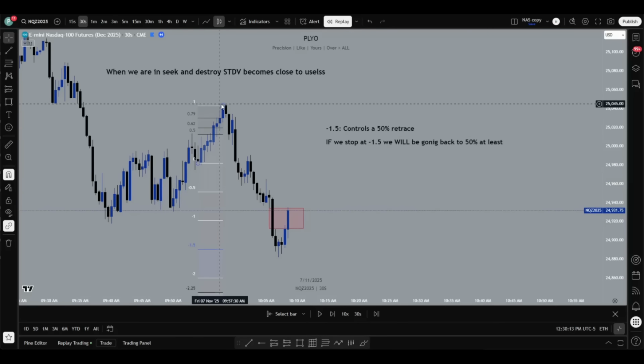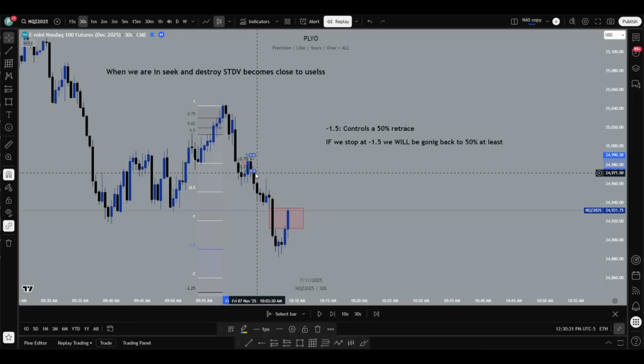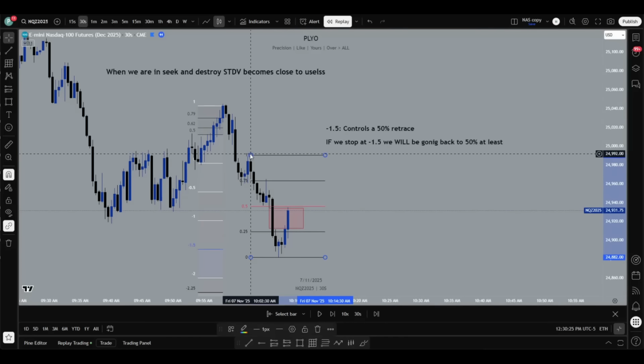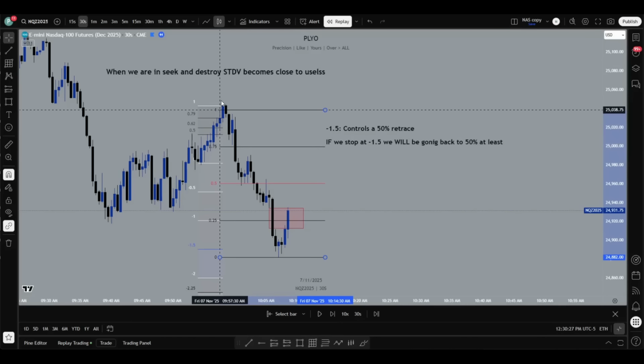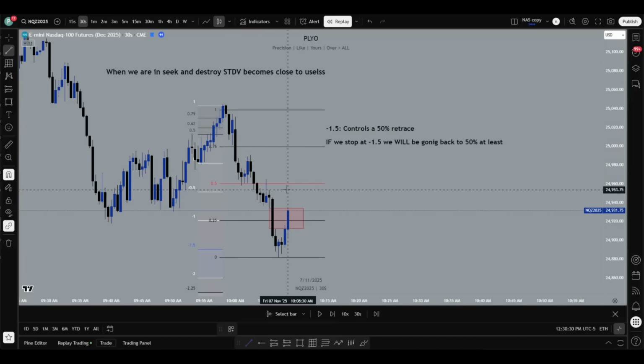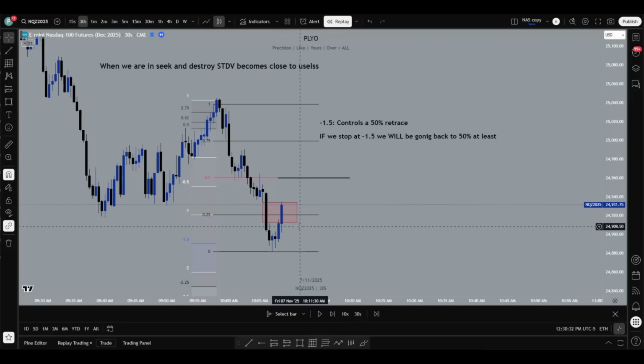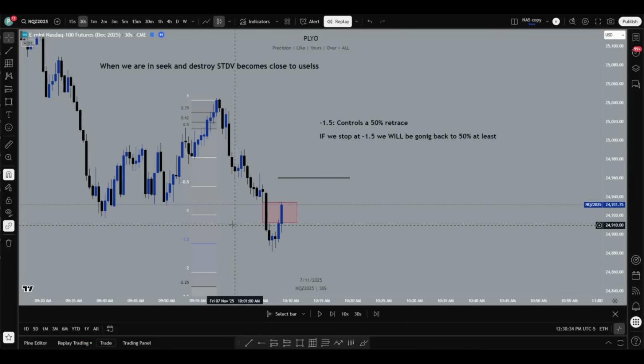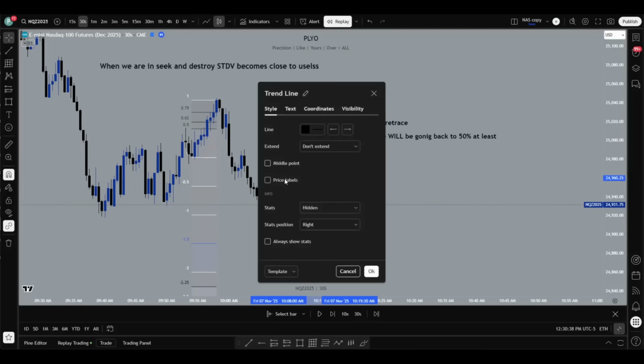In this example, it just so happens to be a swing high, but just imagine if there's another one here in the middle and we hit negative 1.5, you would expect us to come back to 50 of this range if that's where we had our standard deviation. Okay, you expect us to go to 50 of this range if we had one here. In this example, it just so happens to be a swing high, so you can expect us to come back to 50%, which means, sure, it's a silver bullet, but since we stopped here at negative 1.5, this would actually be a better inverse to take to get back to 50% of the range.